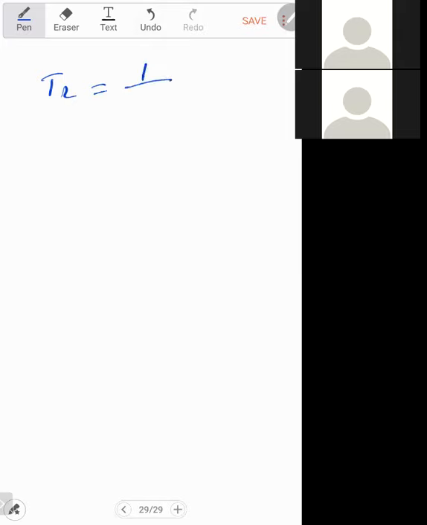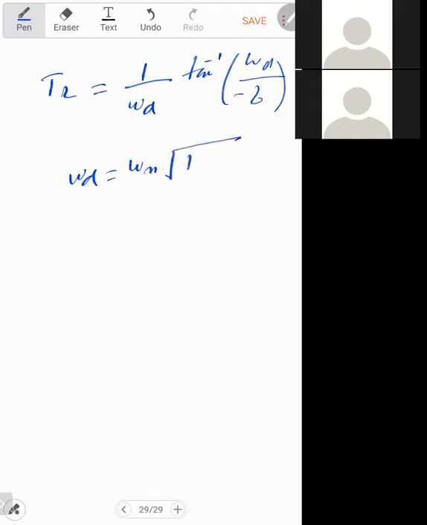The rise time is equal to (pi minus tangent inverse of omega d divided by minus sigma), all divided by omega d, where omega d is equal to omega n square root of 1 minus zeta square, and sigma is equal to zeta omega n. So this is the rise time. The derivation is already given in the note, so you can read that one.